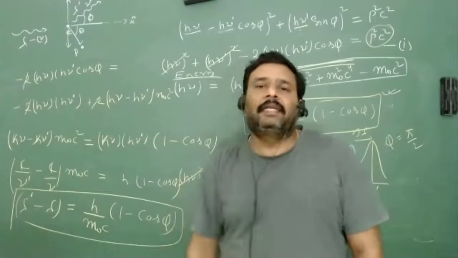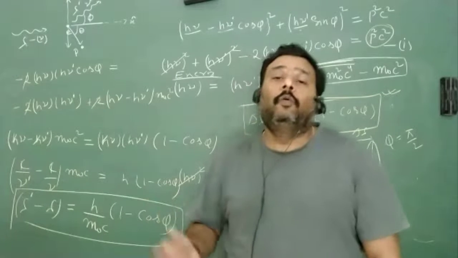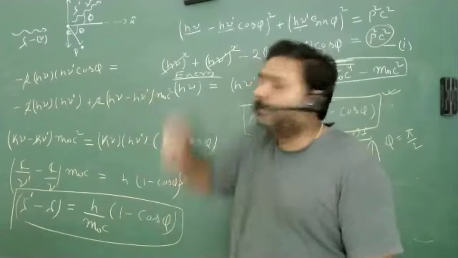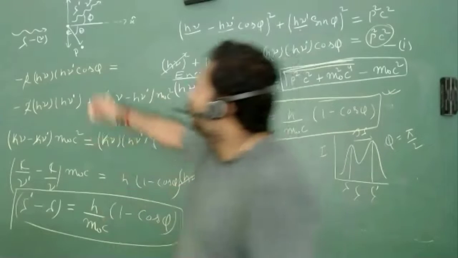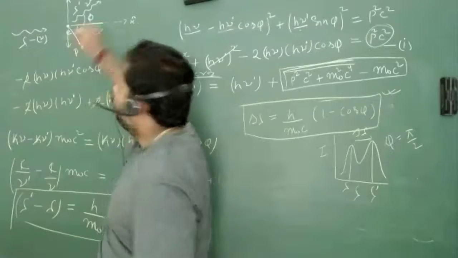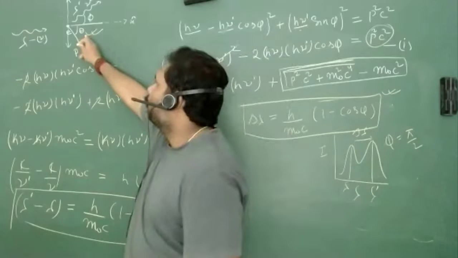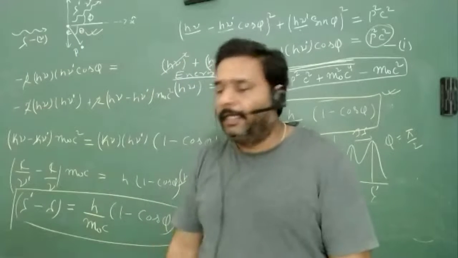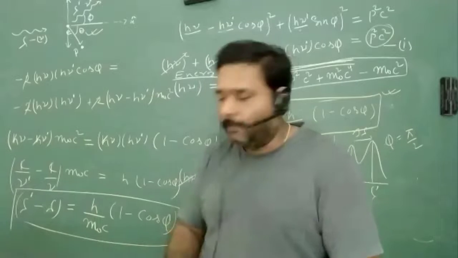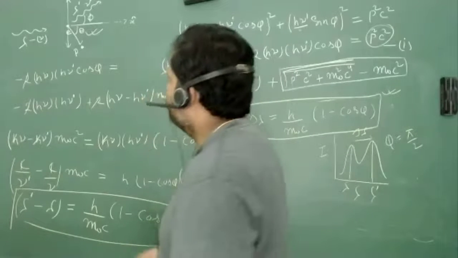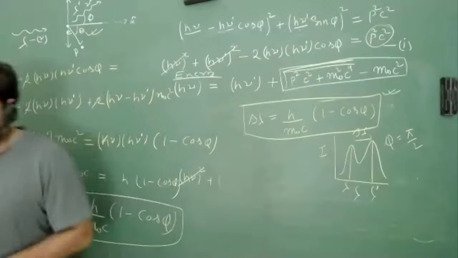Now what is my next target? My next target is what will be the recoil energy of the electron and what will be the recoil angle of the electron. So today we will go for all the derivations. We have to calculate the recoil angle and recoil energy. These two are also very important, so let's try to calculate all these things.